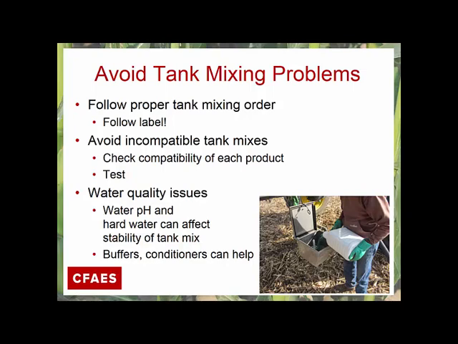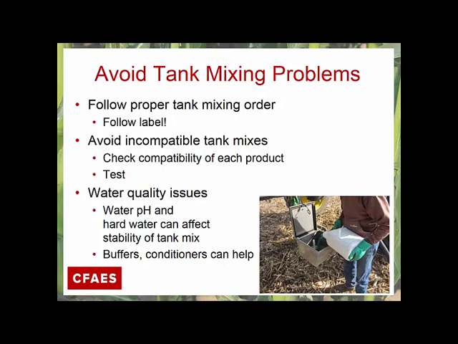Some of the things that can go wrong with incompatible mixes, well, basically creating a lot of residue in the tank, in the application equipment, the mixture not properly uniform, and your pesticide application will be ineffective. The other type of tank mixing problem to avoid relates to your water quality.